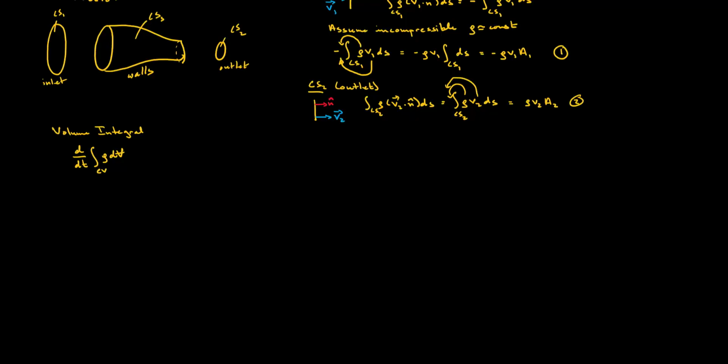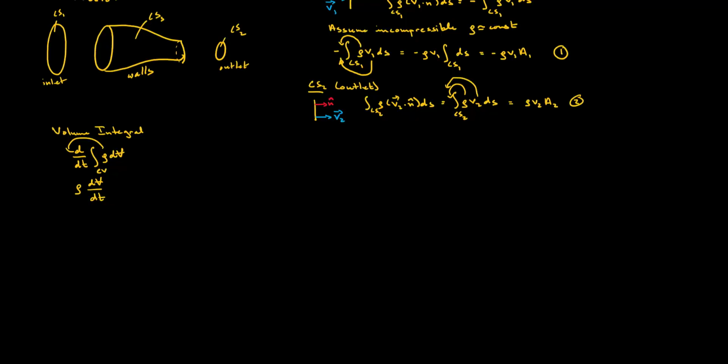Now, we've said that we're assuming that the density is constant, it's not changing with time, so that can also come out of the integral. So what we have is rho dV by dt. Now this is the time rate of change of the volume, and this is the volume of our control volume.